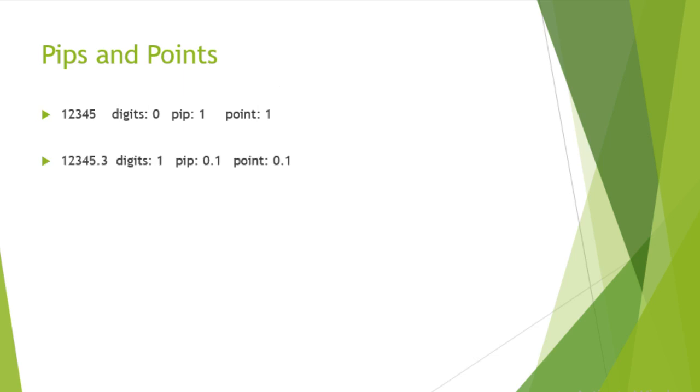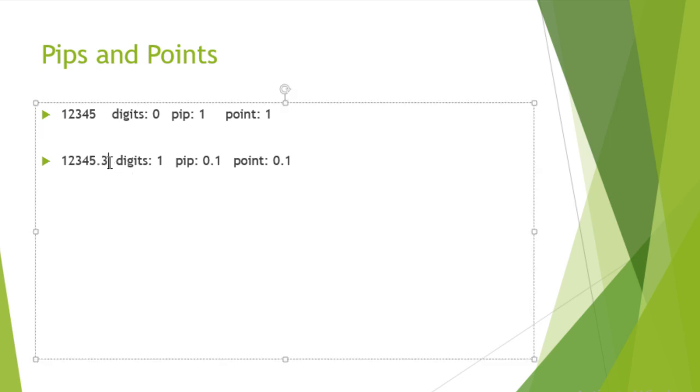The next example is when you have 0.3, for example, point any number, you have already 1 digit. So basically, this is your digit, okay. And in this case you have pip 0.1 and you have point 0.1.